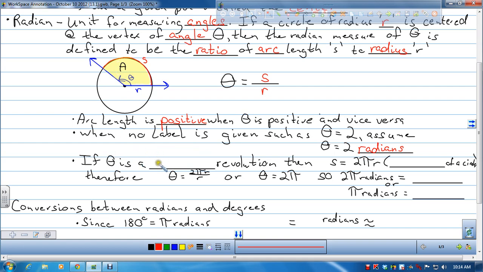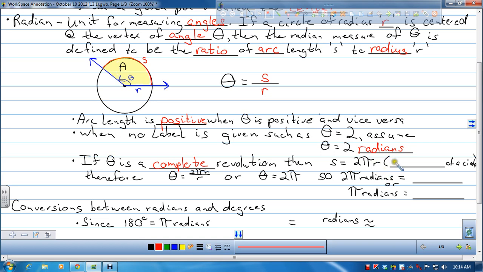If theta is a complete revolution in terms of radians, then that s, remember, that's going to be the full distance around, is going to be 2 pi r, and that might ring a bell. Remember that in geometry you learned that actually before you took formal geometry.